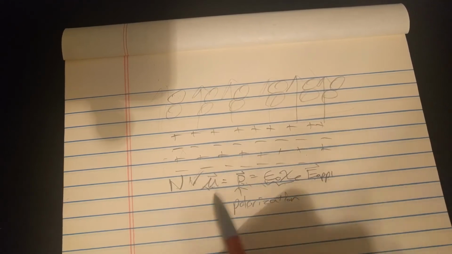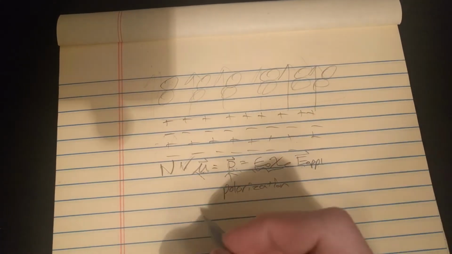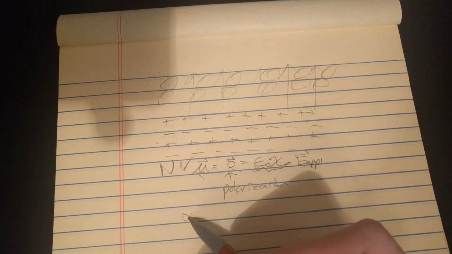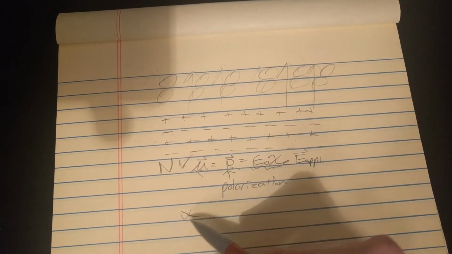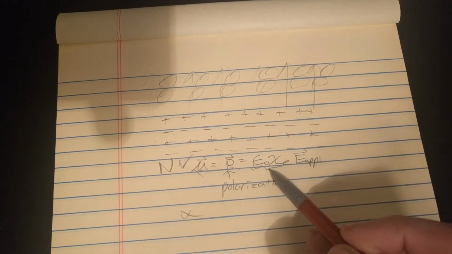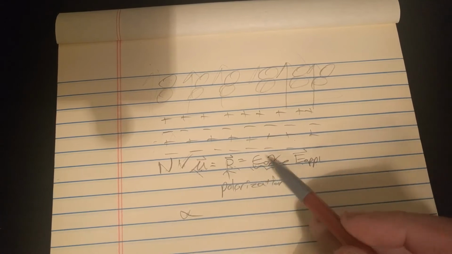And these are analogs of each other. We also have this microscopic property alpha, which is like an atomic or molecular polarizability, and we have this macroscopic, so like polarizability type thing, which is the product of these two.